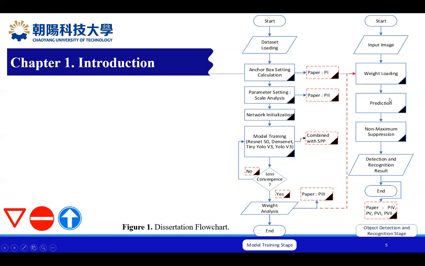After that, we do the prediction, and we calculate using non-maximum suppression. We will choose the highest confidence. After that, we will show the detection and recognition result. And in each step, it produced some papers during my research.